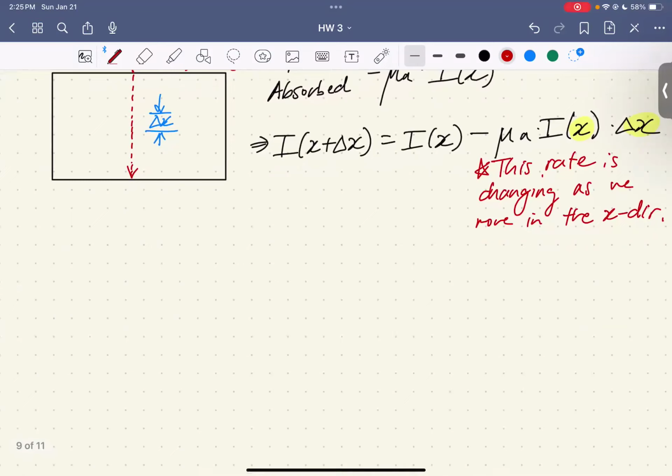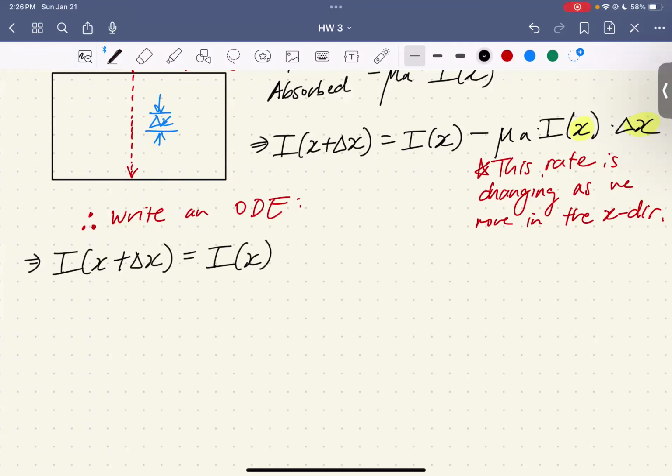So therefore, write an ODE. And there's nothing fancy that we do here. We're just going to keep going with what we have from above. So I'm going to rewrite what we have right here. I of x plus delta x is equal to I of x minus mu A times I of x times delta x. It's the exact same thing I wrote up there.